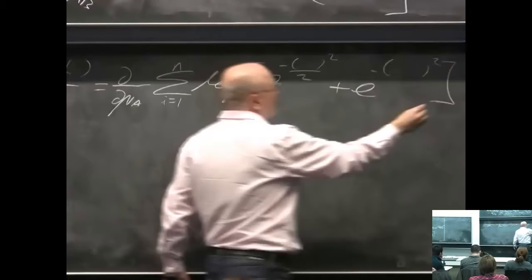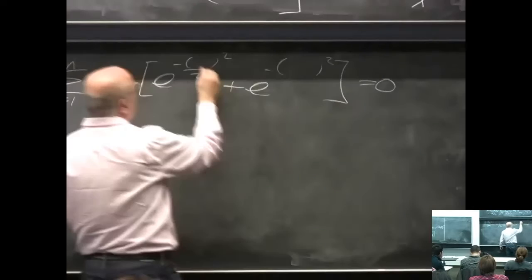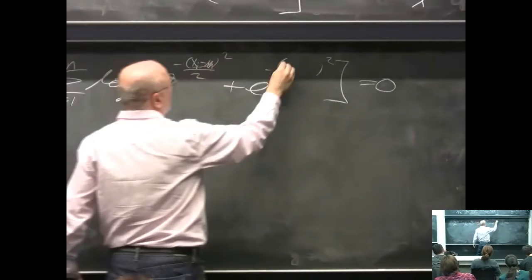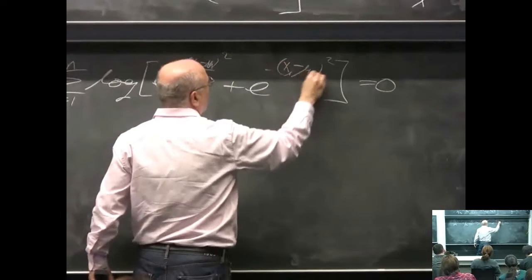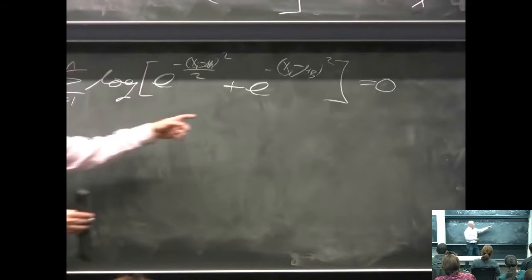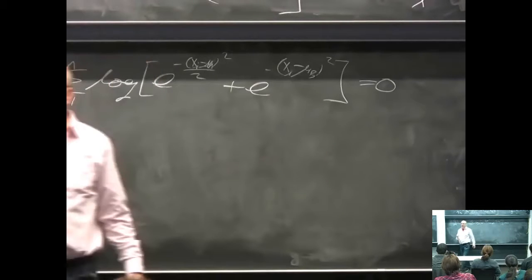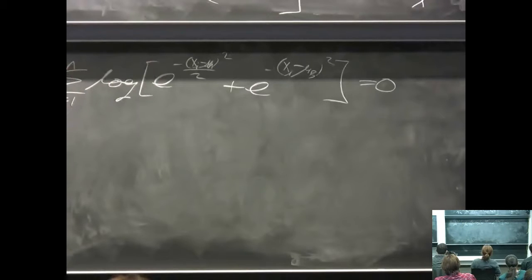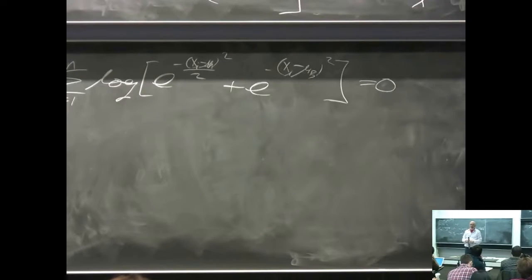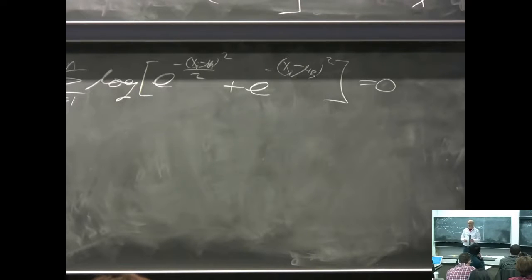This has to equal 0. Here we have xi minus mu A. Here we have xi minus mu B. And with regard to mu A, this part is a constant, actually. I can try to push it forward, but I'll get stuck. This is the point that you were making. I don't know how to solve this analytically. In fact, I believe there is no analytical solution.